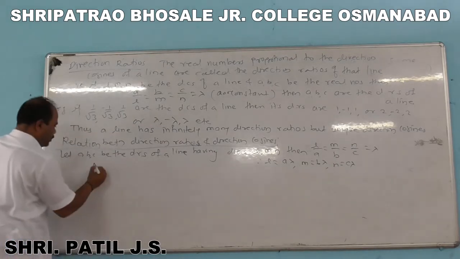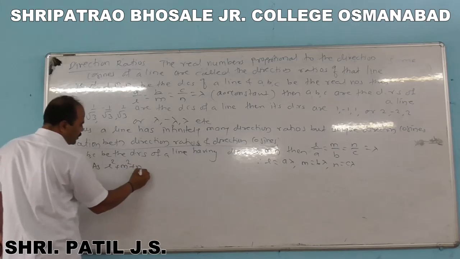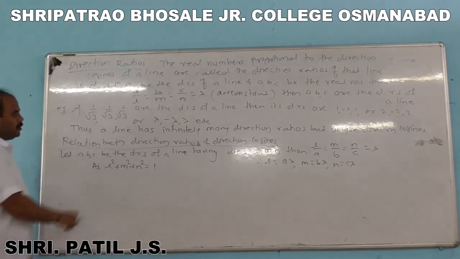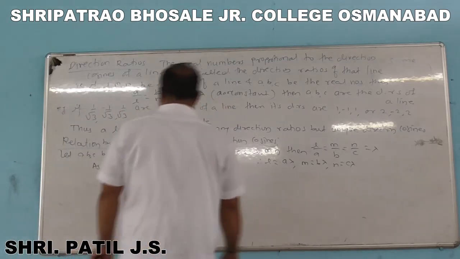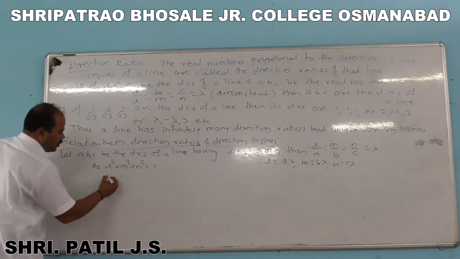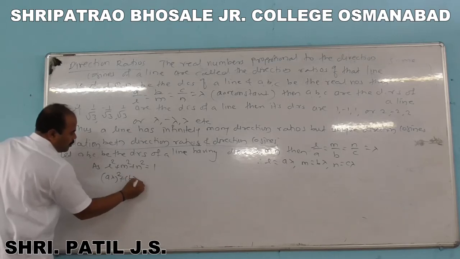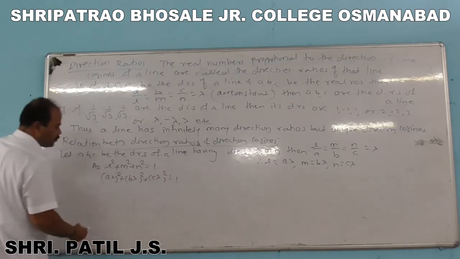As l square plus m square plus n square equals 1, where l square means cos square alpha, m square means cos square beta, and n square means cos square gamma, equal to 1. Therefore, (a gamma) square plus (b gamma) square plus (c gamma) square is equal to 1.